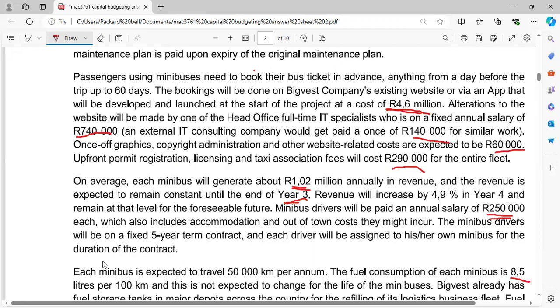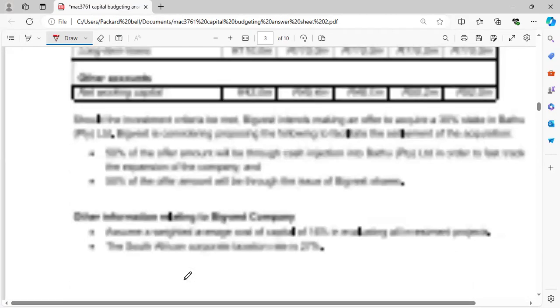Revenue will increase by 4.9% in year 4 and remain at that level for the foreseeable future. This revenue is for each minibus, so we just need to multiply by 200.